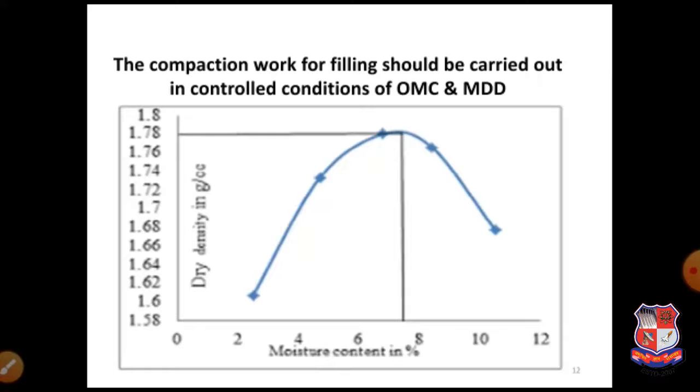So for a soil which gives this graph in lab testing, we use an optimum moisture content between 7 to 8% for its compaction work.